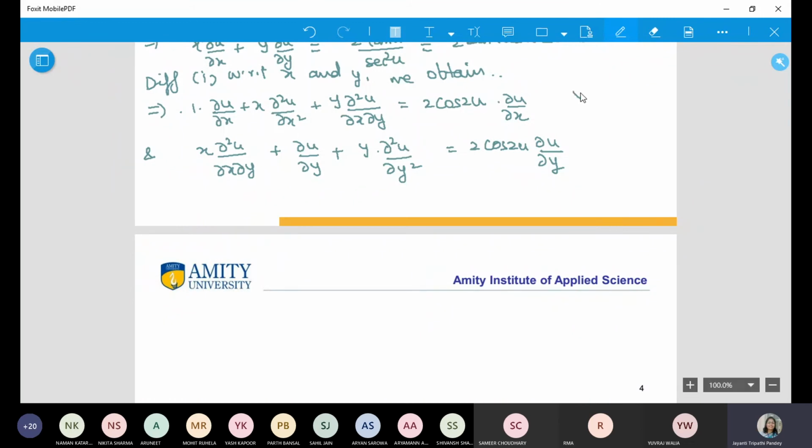Now multiply this by x and multiply this by y and add. So what we are getting, I'm adding the way I did in the previous question.